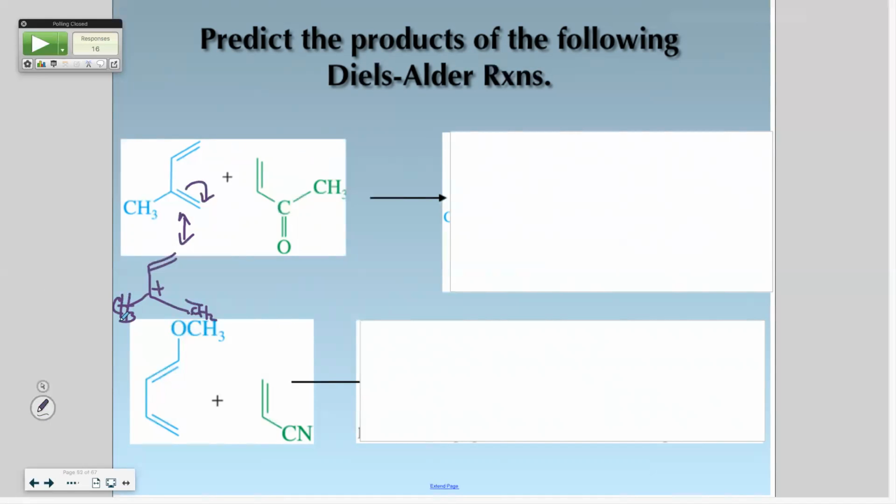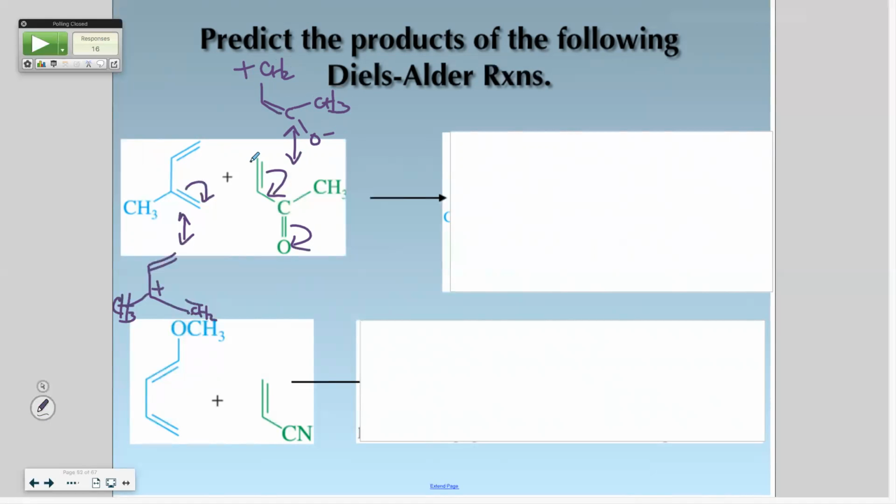Okay, how about the top one? Where is the positive part going to be? Which carbon of the double bond is going to be the positive part? The top carbon or the bottom carbon? Well, do the resonance. I'm going to go up with this resonance. See, it's up there.